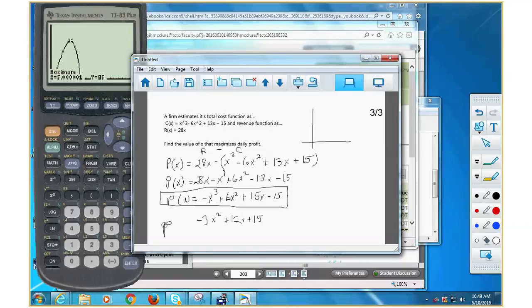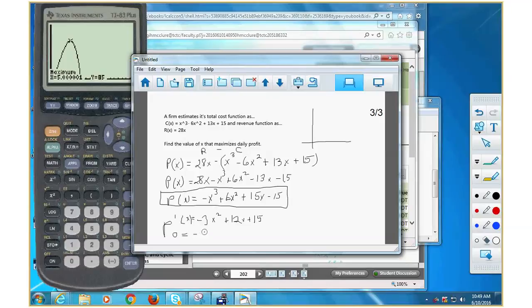That's P prime of x. Now that will tell us, again, how much it will cost to make another, or we can set it equal to 0. Now this is the derivative set equal to 0.